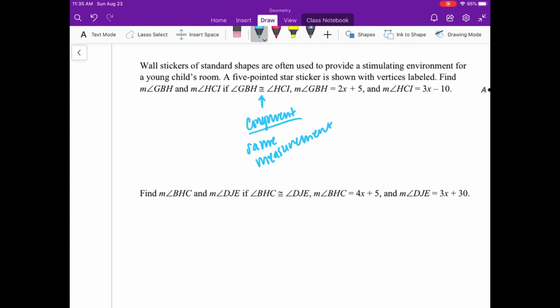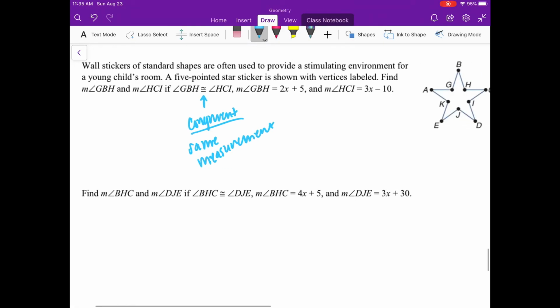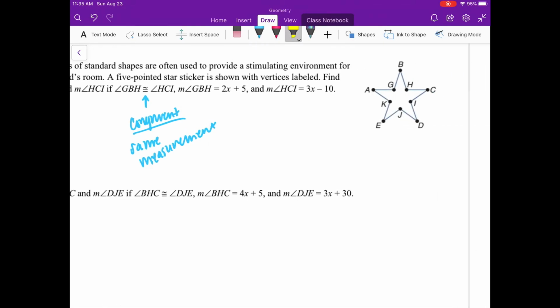It tells us that angle GBH is 2x plus 5 and angle HCI is 3x minus 10. So since they tell us that the two angles are congruent, we can take these two equations and set them equal to each other. Anything that is congruent to something else means that they're going to be the exact same.